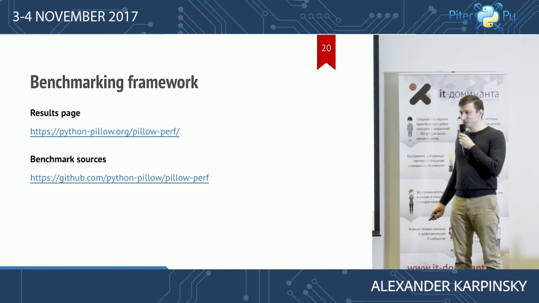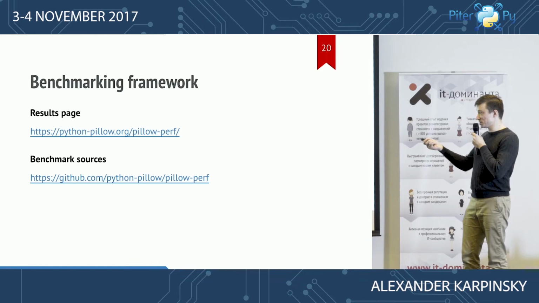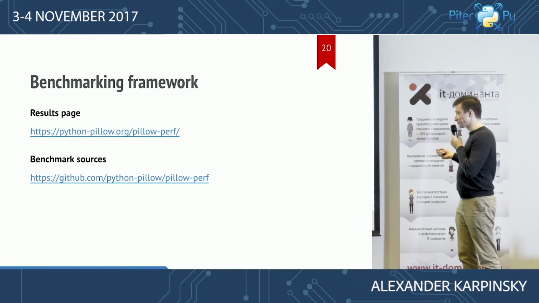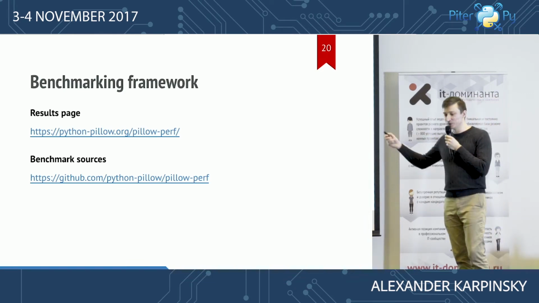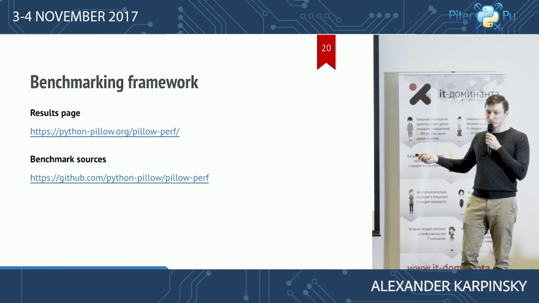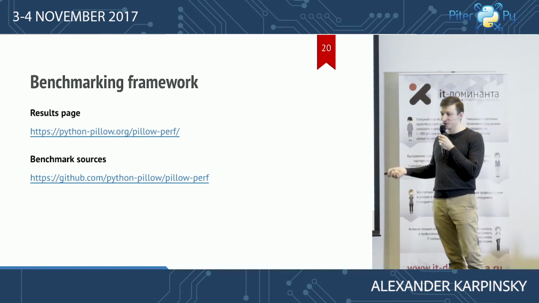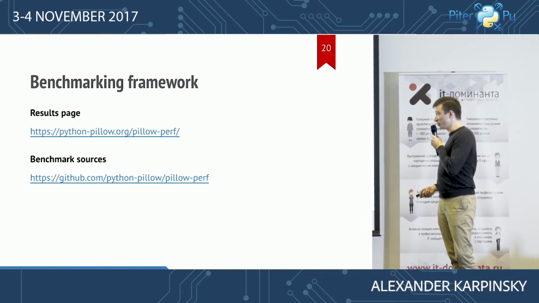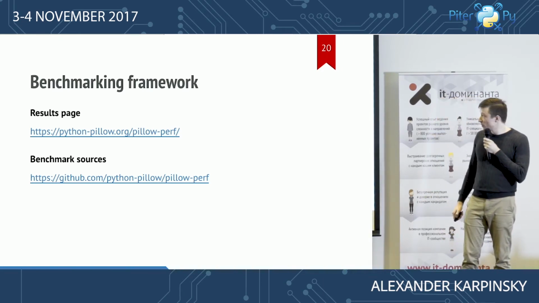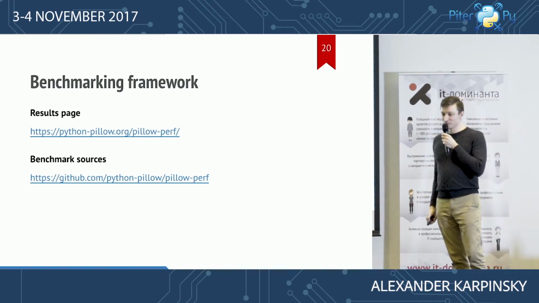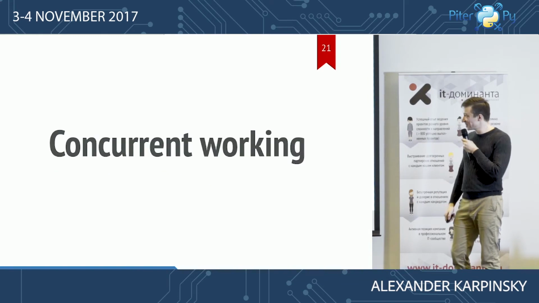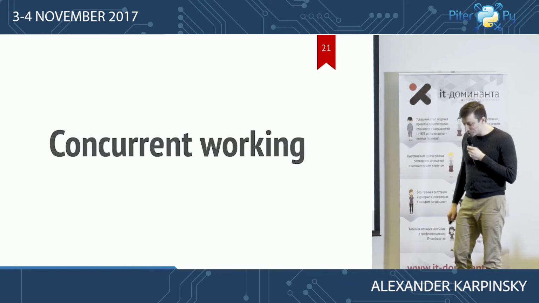I make the benchmarking of certain libraries, and there's a repository where you can see how the benchmarks are implemented, and some solutions are offered, libraries or additional benchmarks. So that's how it is.